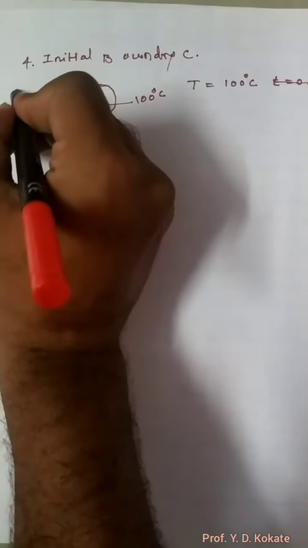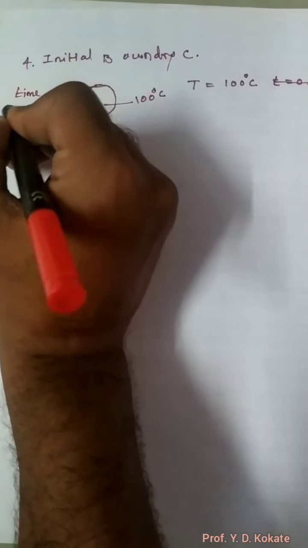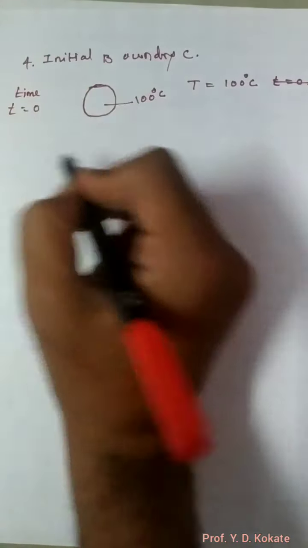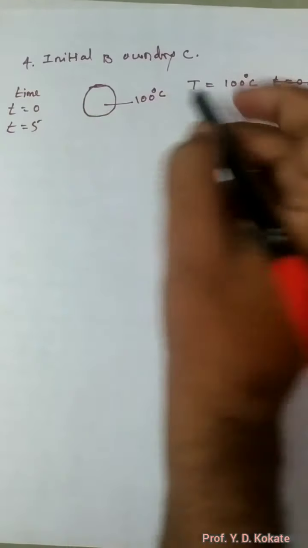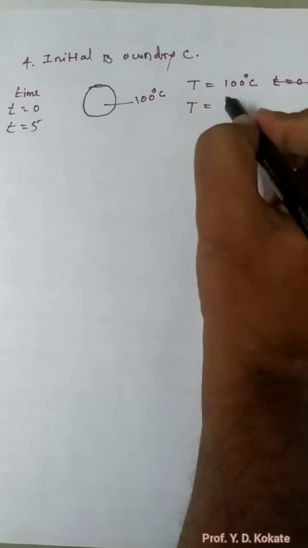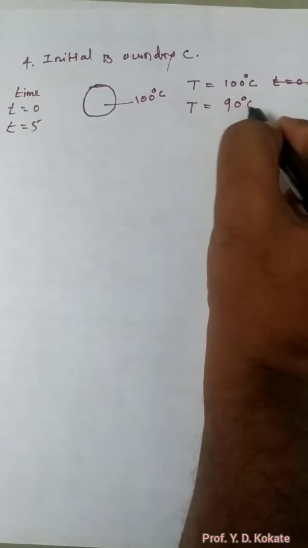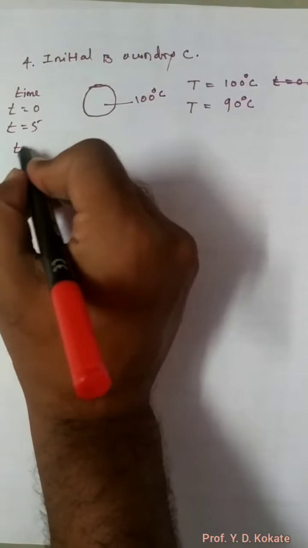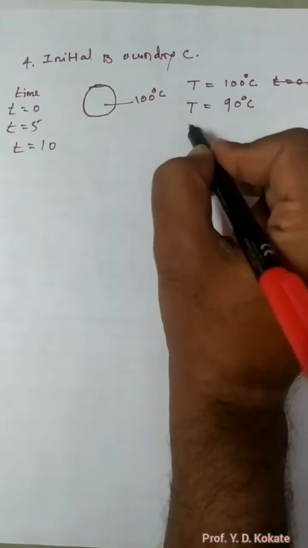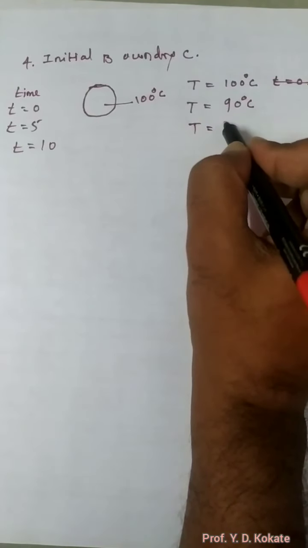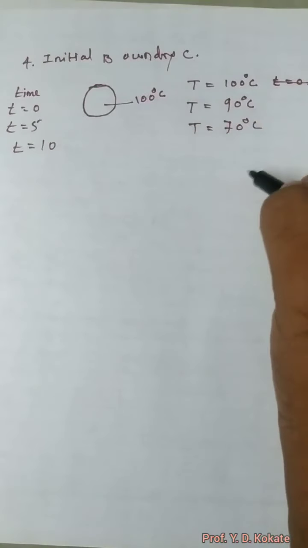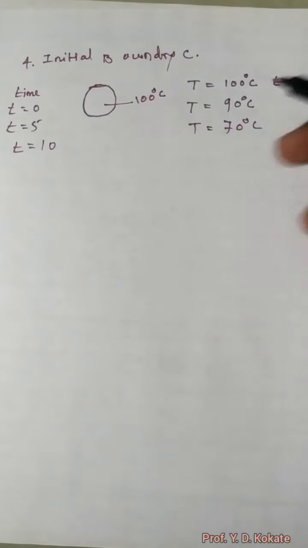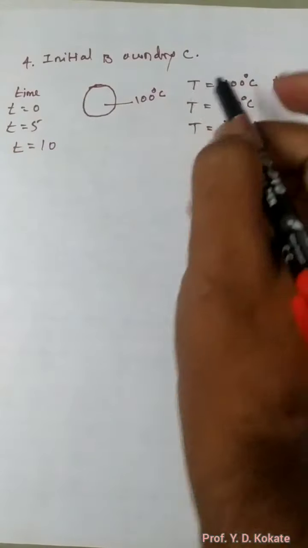Now after 5 seconds, the temperature will become 90 degrees. At 10 seconds, this temperature will become let's say 70 degrees Celsius. So as time increases, temperature decreases. So like this I am writing down time and temperature.